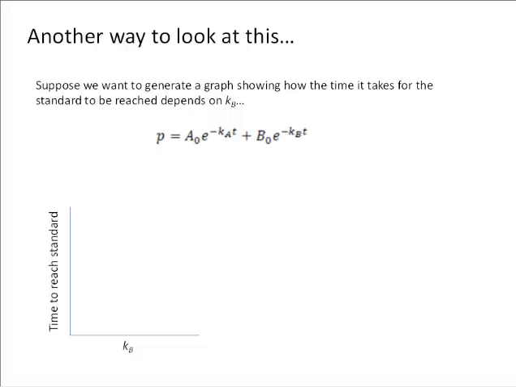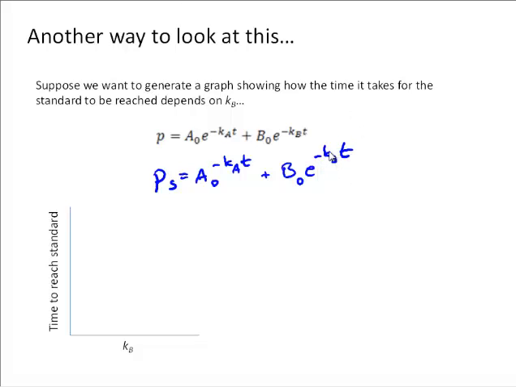So I'm thinking about something like this, right, where I know the standard, call it PS for the standard, is equal to A naught minus KAT plus B naught e to the negative KBT.